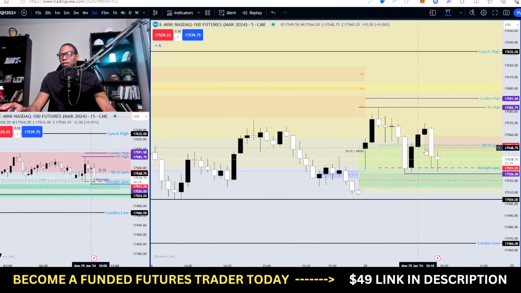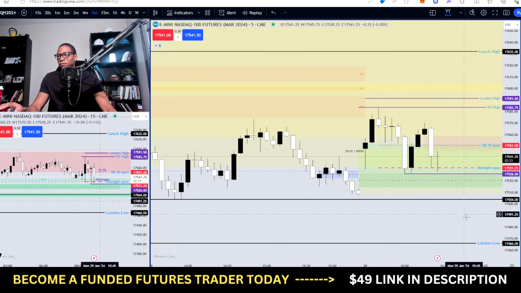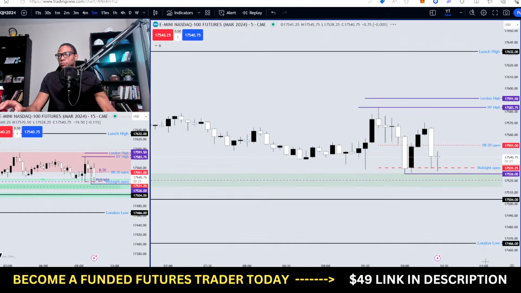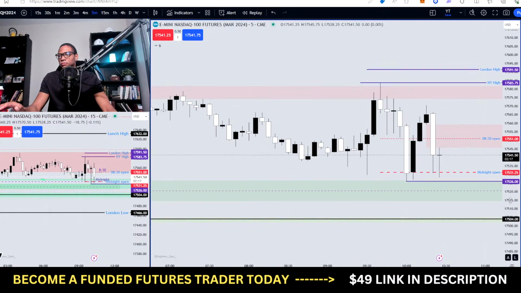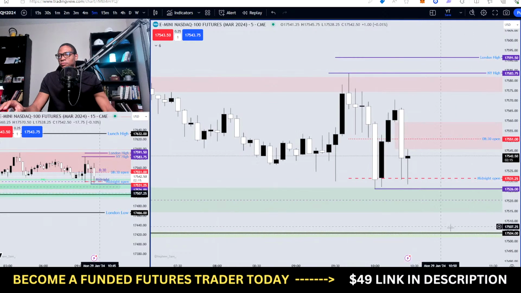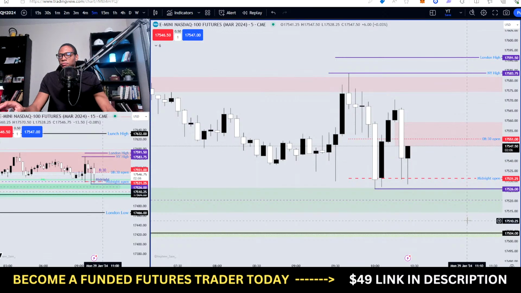Look at how price is behaving on the 5 minute. All right, let me get back to the electronic trading hours. Yep. So right now we're dealing with the opening range.